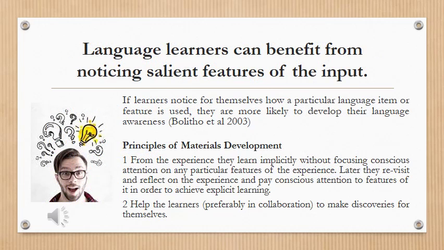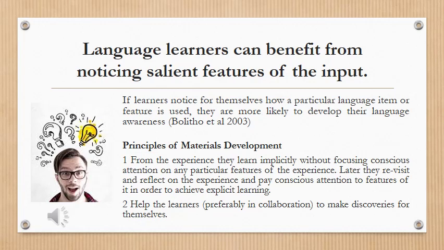Language learners can benefit from noticing salient features of the input. If learners notice for themselves how a particular language item or feature is used, they are more likely to develop their language awareness. From the experience they learn implicitly without focusing conscious attention on any particular feature of the experience.